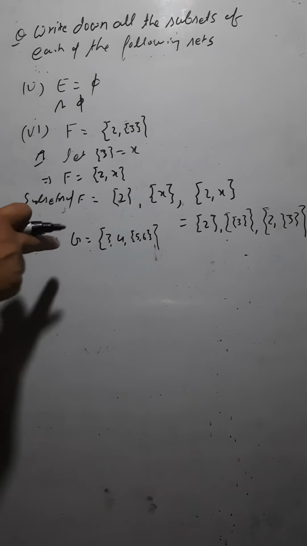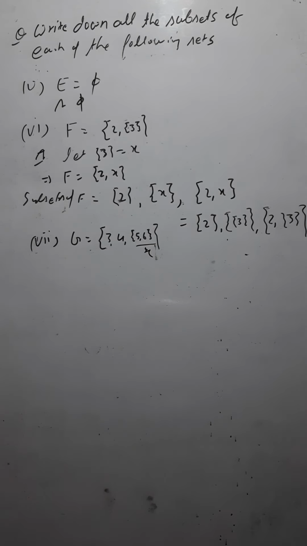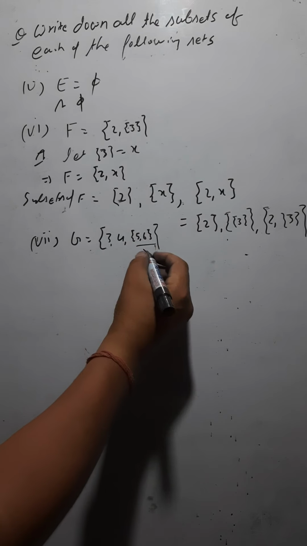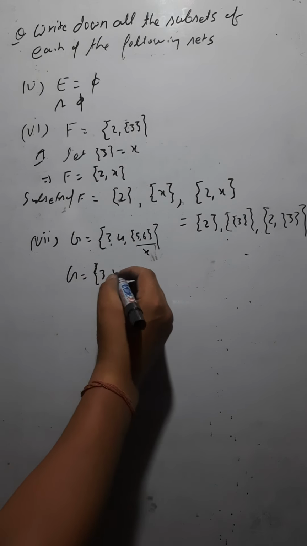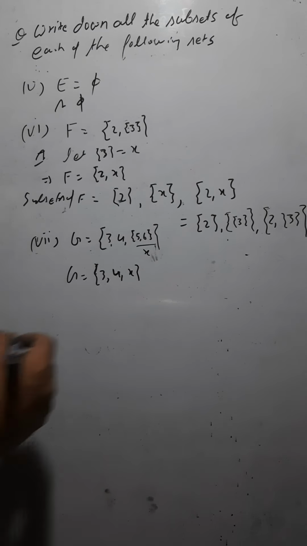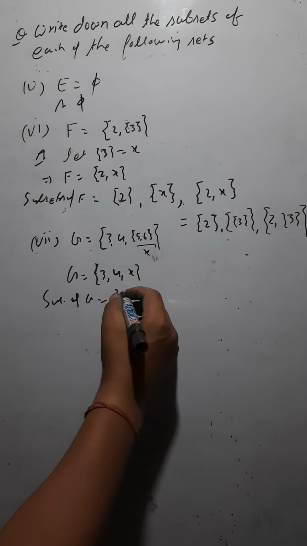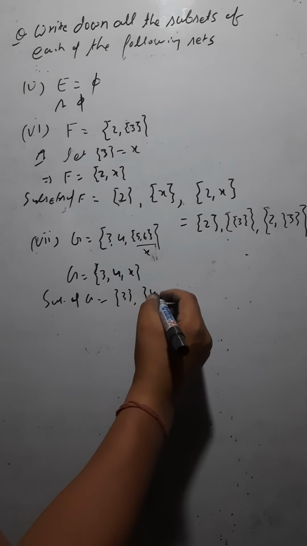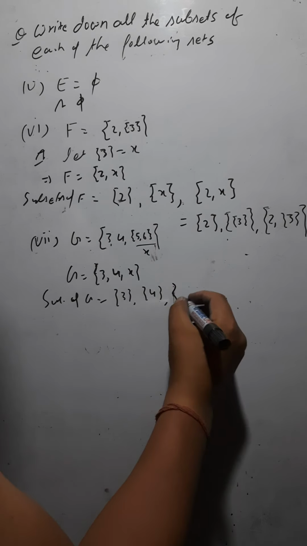Okay. Now similarly, you would find out the subsets of G also. This you take as X. Let's say this is X. Now if this is X, then we are writing the elements here as 3, 4, X, isn't it? Now what are the subsets of G if you want to write? So it would be 3, next would be 4, next would be X, isn't it?